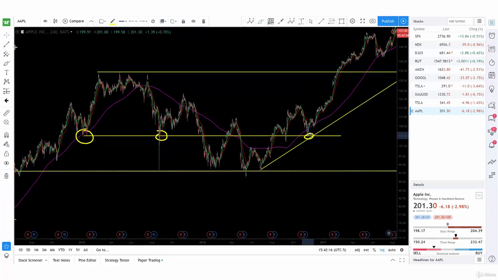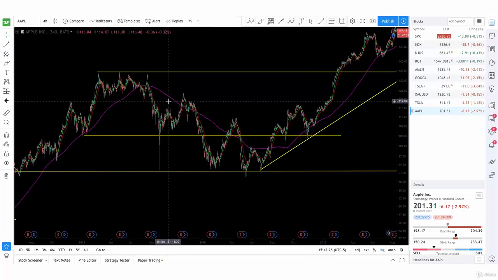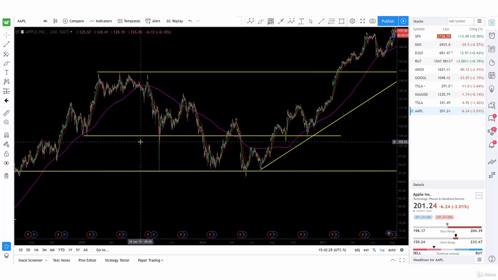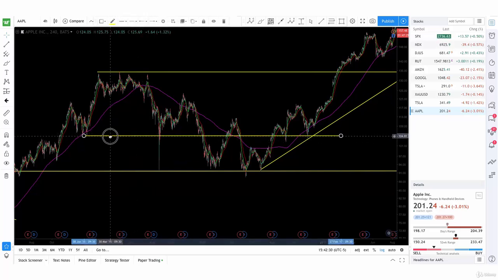So this is not something that is going to be 100% accurate. Every single trader is going to make their own trend lines different. They're just not going to be 100% the same, because there are so many ways to do it.